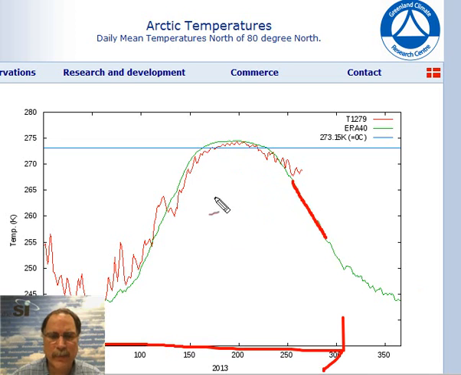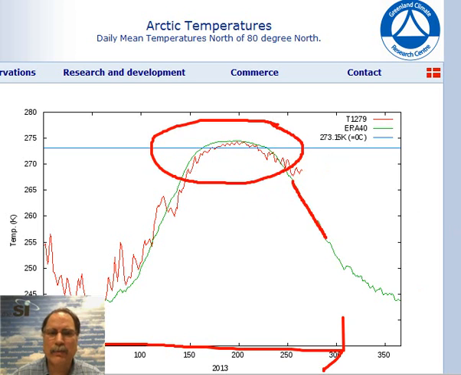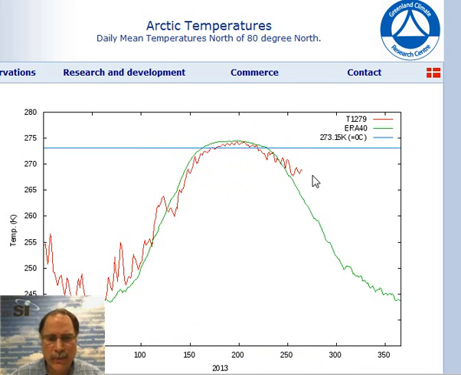So basically throughout the summer months, which is in this region right here, the actual temperature in and around the North Pole was below normal, and that has not happened all that often going back 50 years or so, according to the data from the DMI, the Danish Meteorological Institute. It ran at below normal levels just about the entire summer. Now, in the last week or two, there's been an above normal reading here, but this line right up in this region represents the freezing line.